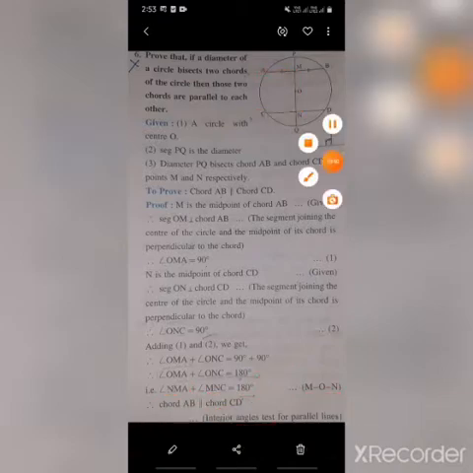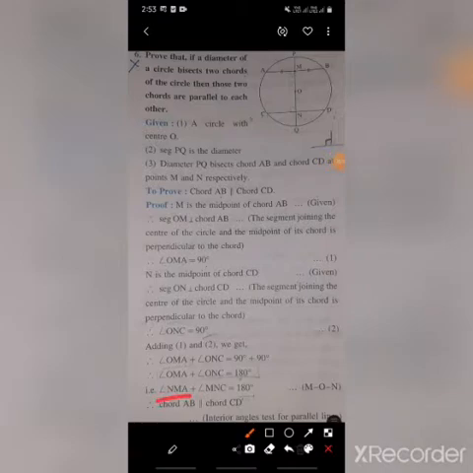These are interior angles, NMA and MNC. Just because of the interior angles test, segments AB and CD are parallel.